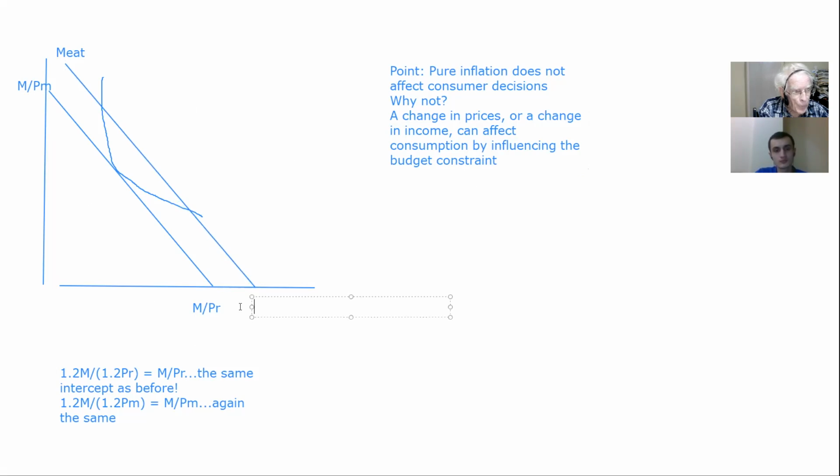The horizontal intercept is 1.5 times m divided by the price of rice, which has not changed. And the same thing for the vertical intercept. Both intercepts shift out, but the slope does not change.